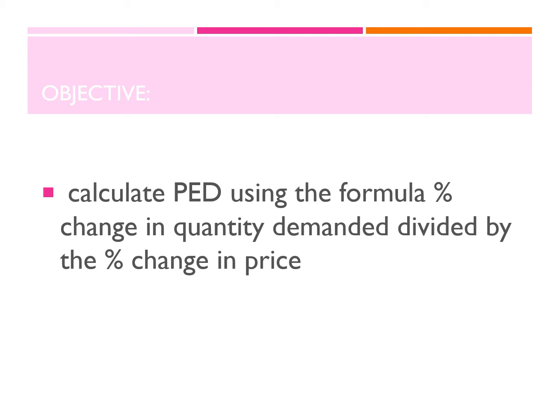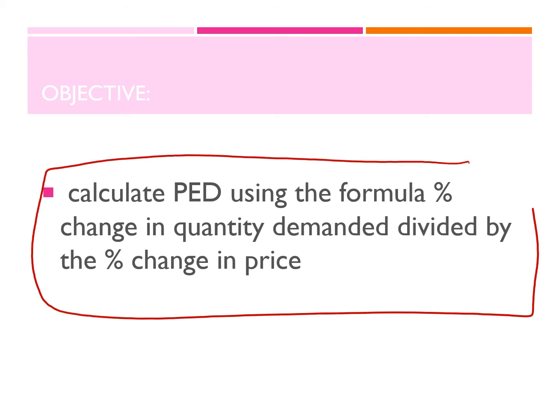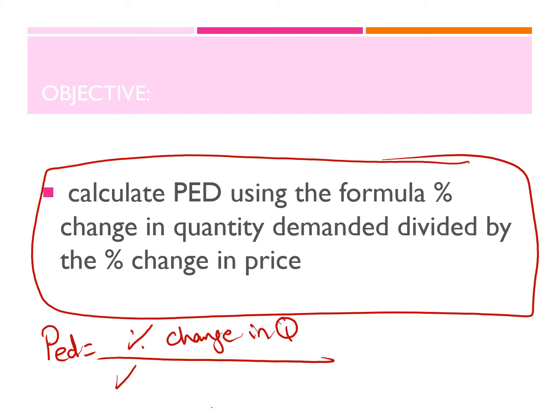So my objective right now is to calculate the PED, and the formula for PED is percentage change in quantity over percentage change in price. I want to break down this formula.